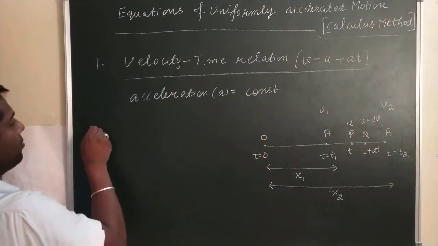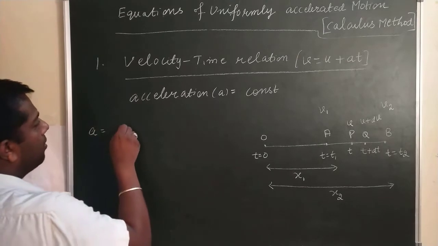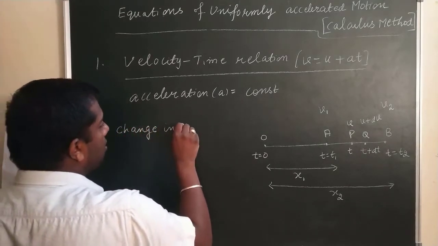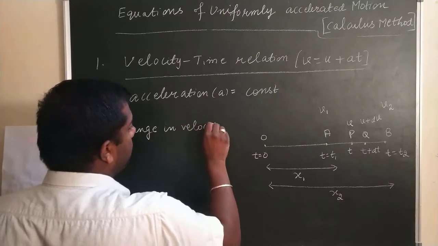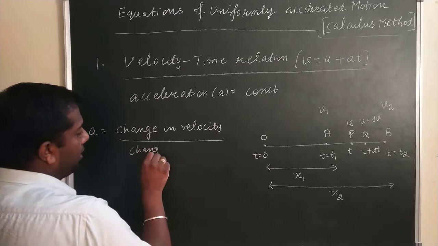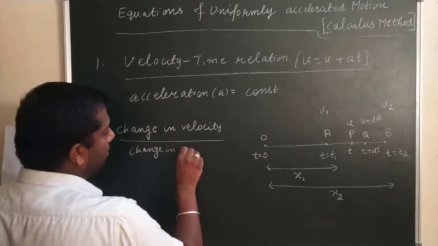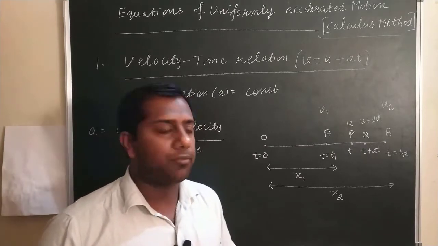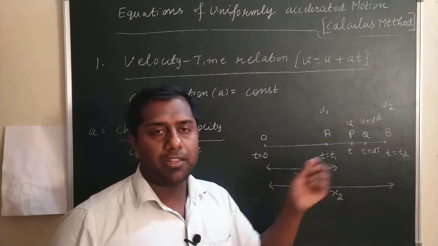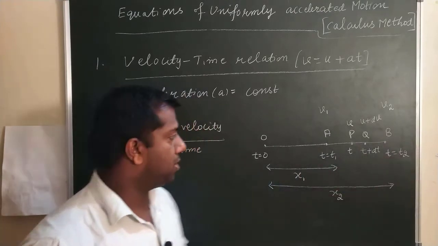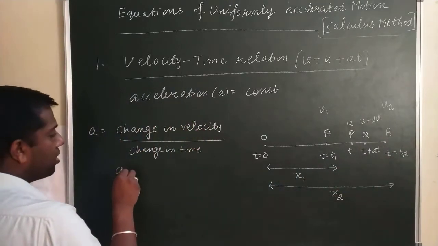So now we will use the definition of acceleration. What is acceleration? It is simply the change in velocity by change in time. For the calculus method, firstly we will apply the definition for this small interval, then we will integrate from the initial condition to the final condition. So what is the change in velocity?